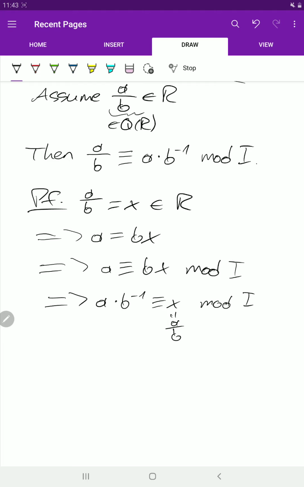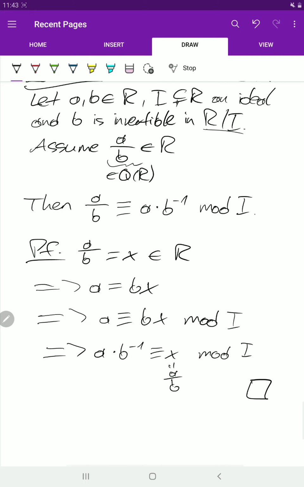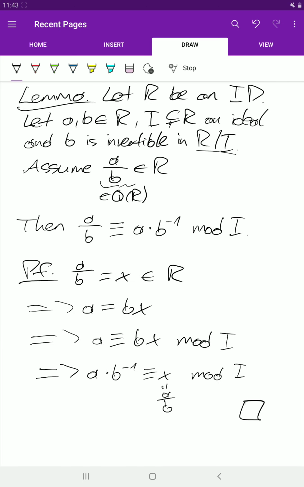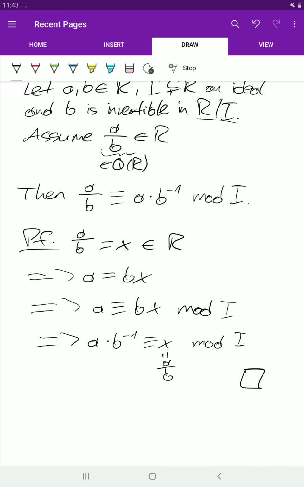So it's very short, but the thing is, it can come in quite handy, because normally we would calculate inverses by the extended Euclidean algorithm, or we could just try and see if we can guess them.